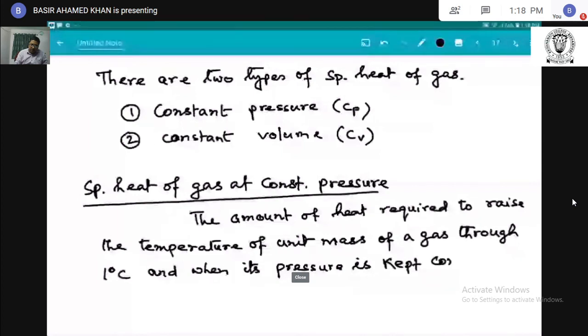This is known as specific heat at constant pressure.